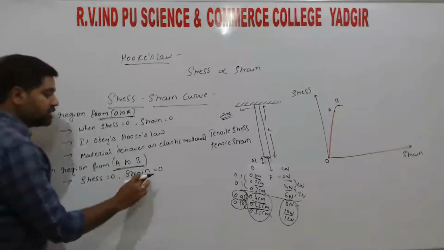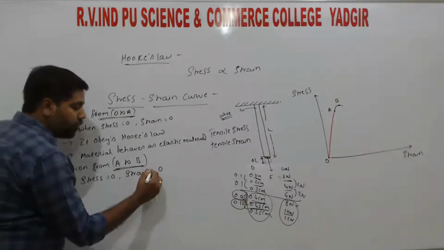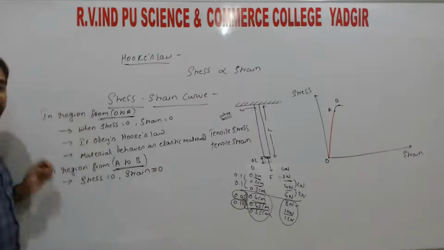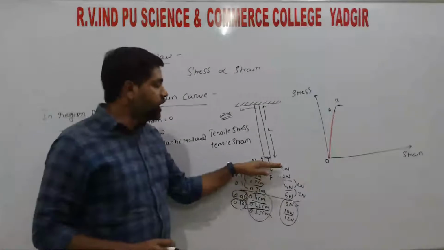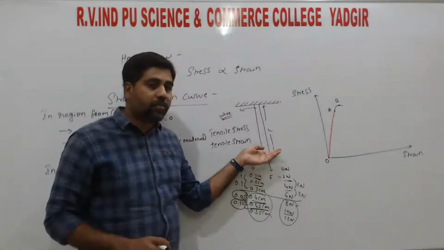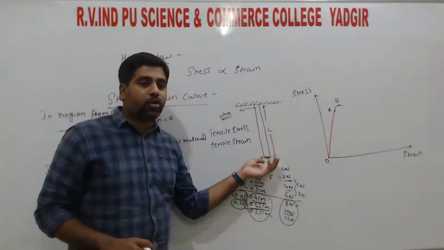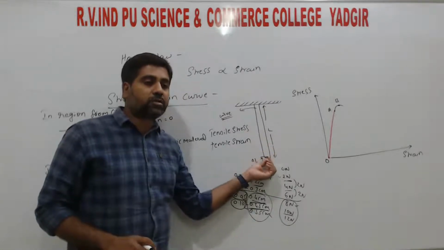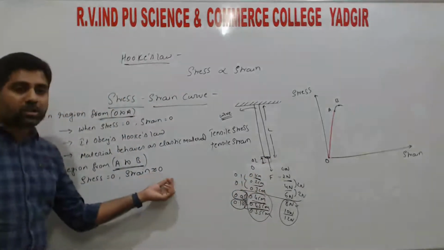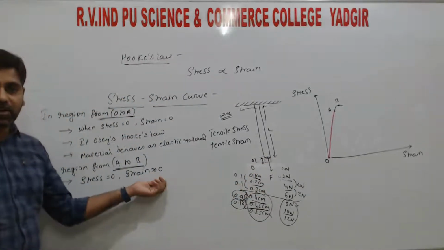So here the strain is not exactly equal to 0, but it is approximately equal to 0, right? When removing the deforming force, it will not regain its original configuration. So if we have exactly 10 centimeter, it will not go back up to the 10 centimeter. There will be some little bit of variation. That's why the strain is approximately equal to 0, not exactly equal to 0.